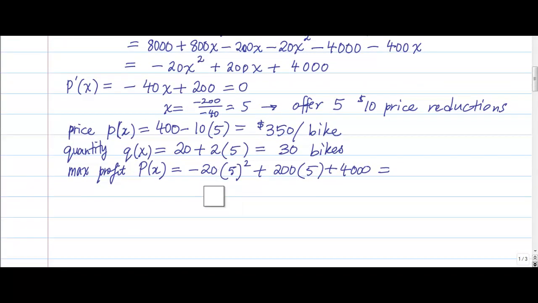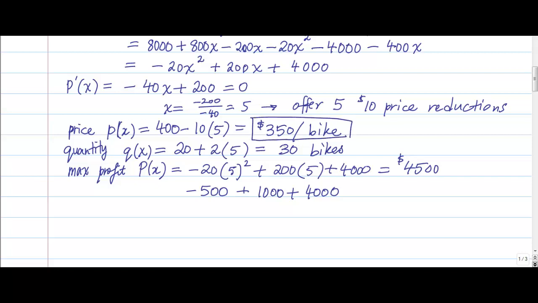Let me erase this. Okay, so 5 squared is 25, times 20 is 500, plus 1,000, plus 4,000, that's 4,500. So 4,500 is the max profit, okay? So here's the price, here's the quantity, and here's the max profit.